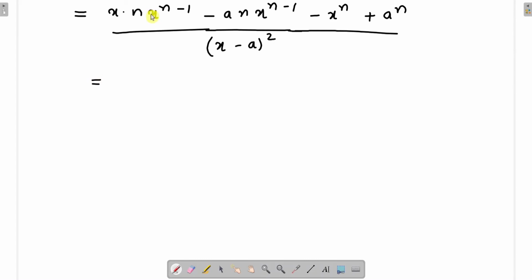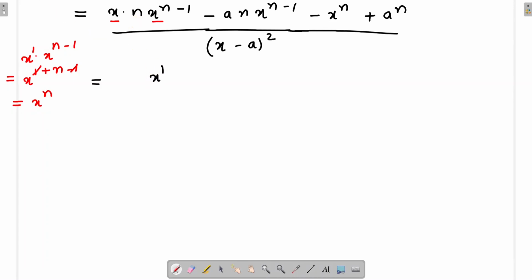So this will be equal to what? Now if you look at this, this is x multiplied by x raised to n minus 1. So x multiplied by x raised to n minus 1 is equal to x raised to 1 plus n minus 1. Okay, so law of exponents. So here it was 1, right? So x raised to, because the base is same, so we can add the exponents. So 1 plus n minus 1. So 1 and minus 1 will get cancelled and you will get x raised to n. Okay.